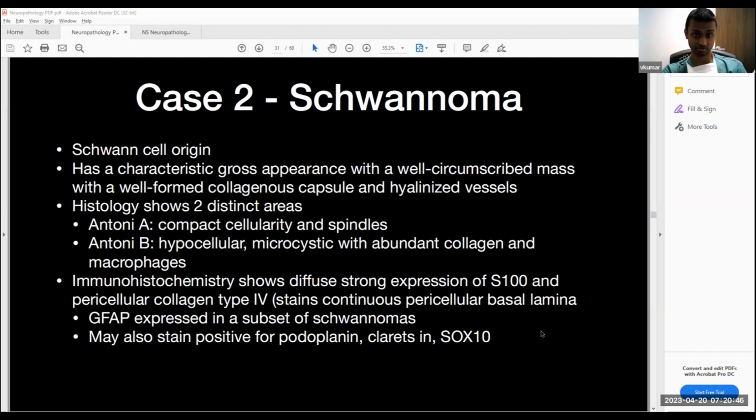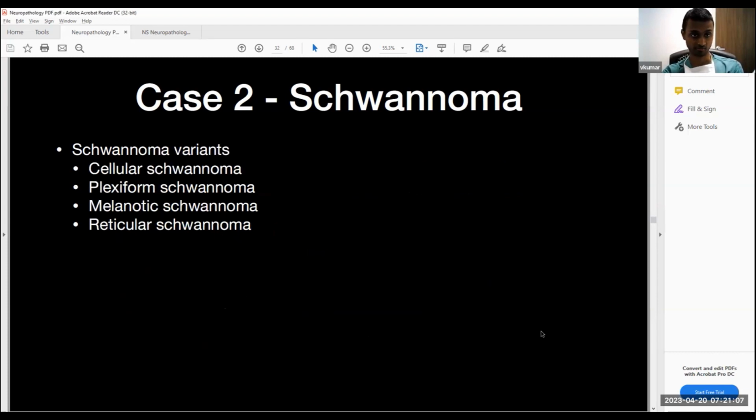In immunohistochemistry staining, you have diffuse, strong expression of S100, pericellular collagen type 4, with the continuous pericellular basal lamina, as Dr. Gutov can mention. You have GFAP, which is positive in a subset of schwannomas. You can have some other positive staining as well.